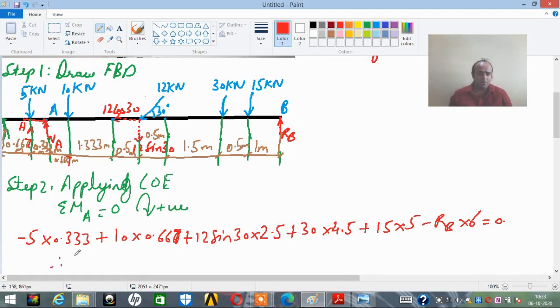Therefore RB is equal to, let me do the calculations.